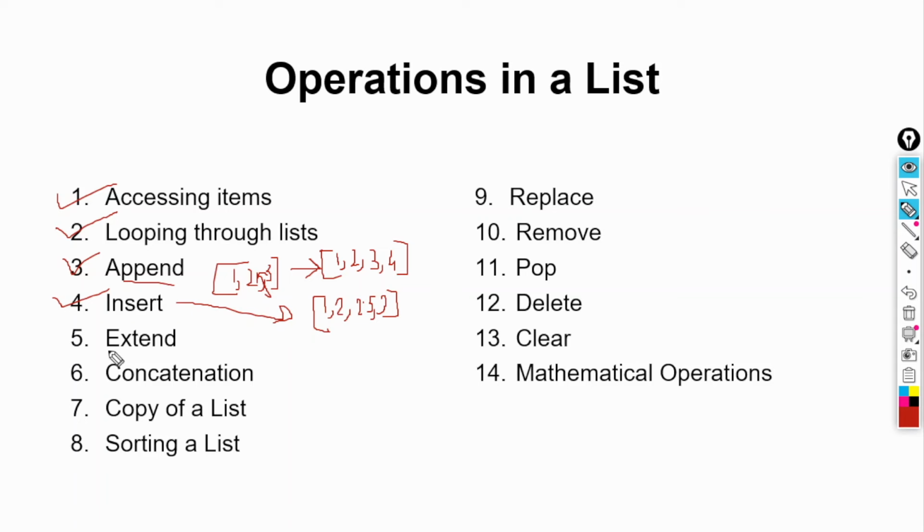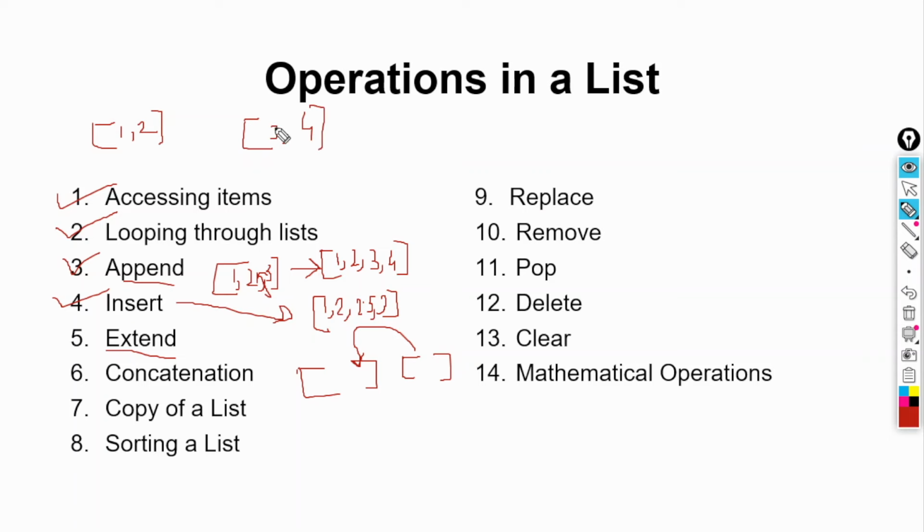Now, what is extend? Extend is when we have 2 lists and we want to incorporate them into one by appending it in the first one. Let me take an example. Let's say there was a list containing 1 and 2, and another list containing 3 and 4.